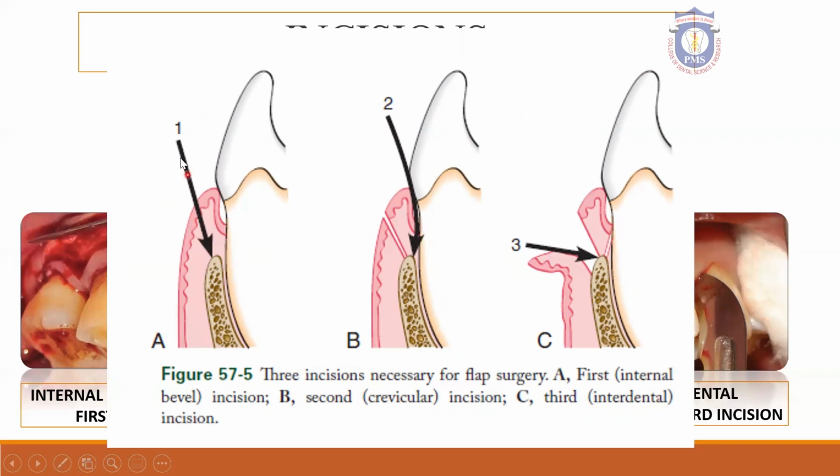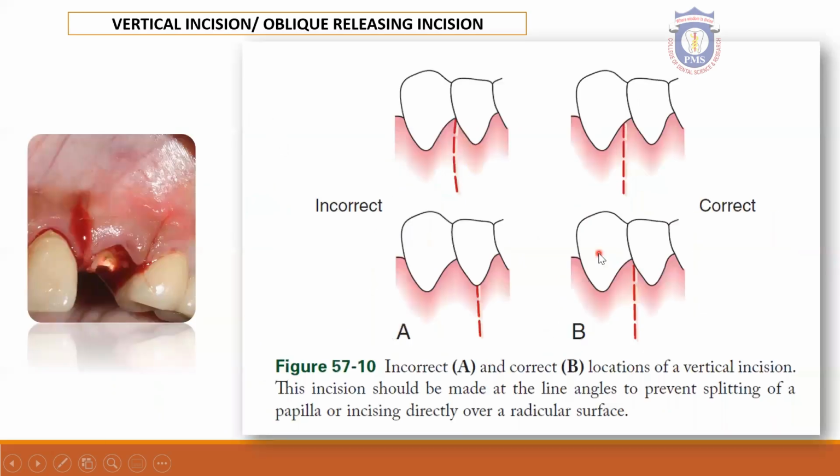So this is 45-degree, in between 0-degree as well as 90-degree, and you are aiming at the bone crest. The second incision is made through the crevice again till you feel the bone. So after putting the internal bevel incision and the crevicular incision, you are getting a triangular wedge of tissue. And this tissue is removed with the help of the third incision or interdental incision. So these are the horizontal incisions.